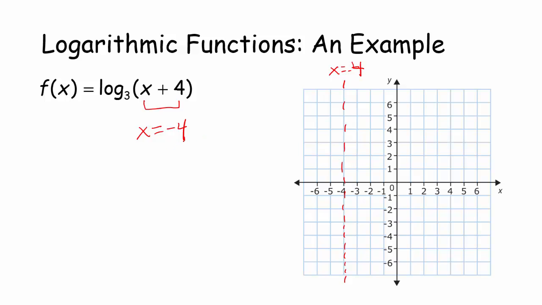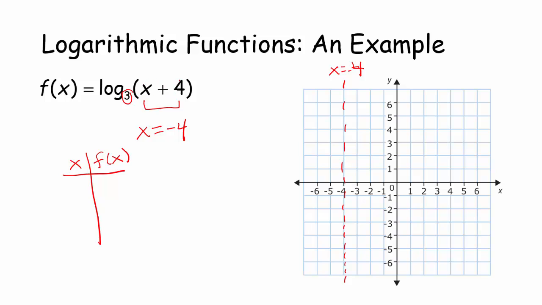Great. Now, I know this equation is going to look like a log graph, but let's get some points on that log graph. And this is where we want to be careful, because with logarithmic functions, you don't just want to blindly choose x values, because you really want to look at what the base is. So I really want this quantity x plus 4 to work out to be a power of 3. For example, I know that 3 squared is 9.